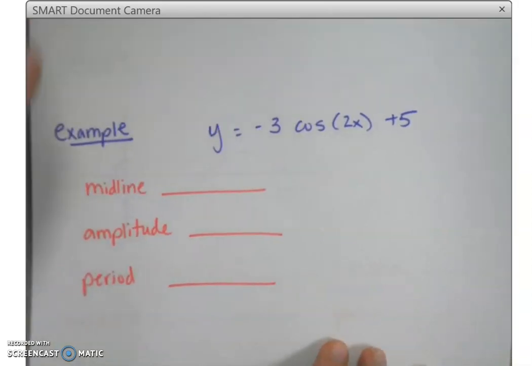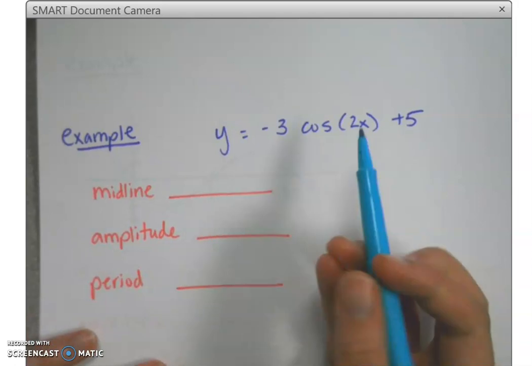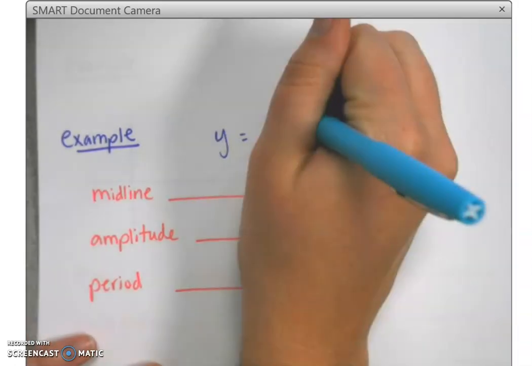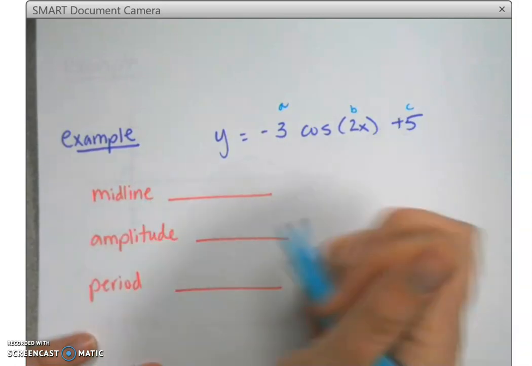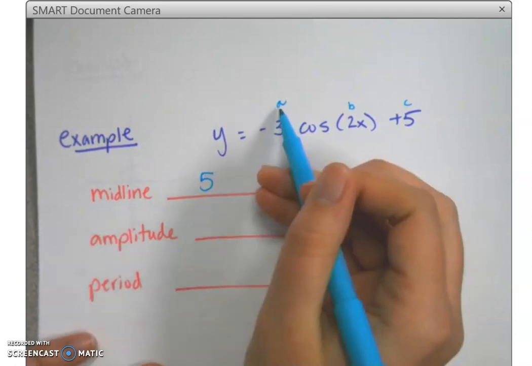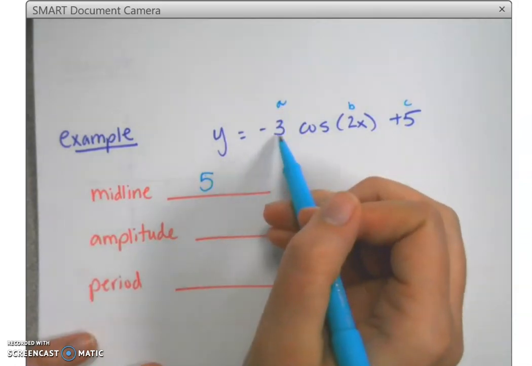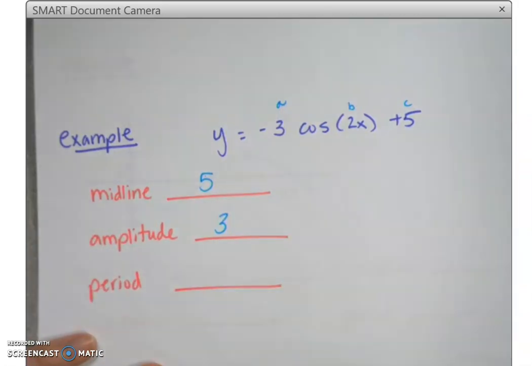Now we're going to identify them using an equation. So remember, here's A, here's B, here's C. Midline is C, so midline is 5. Amplitude is A. I do not care if there's a negative in front of it. Your amplitude is always positive. So this is 3.